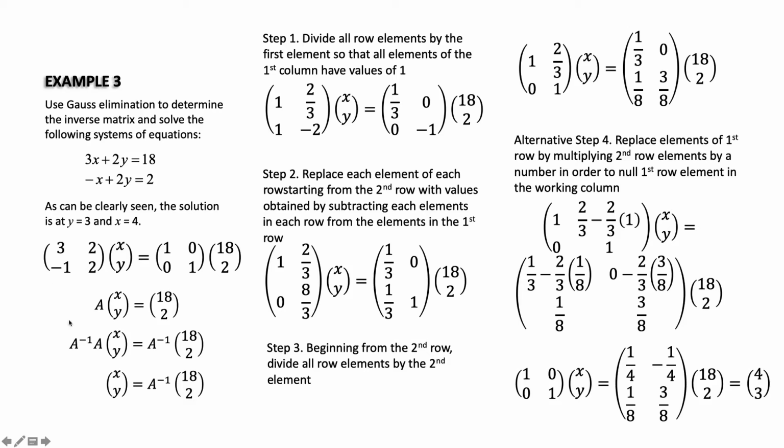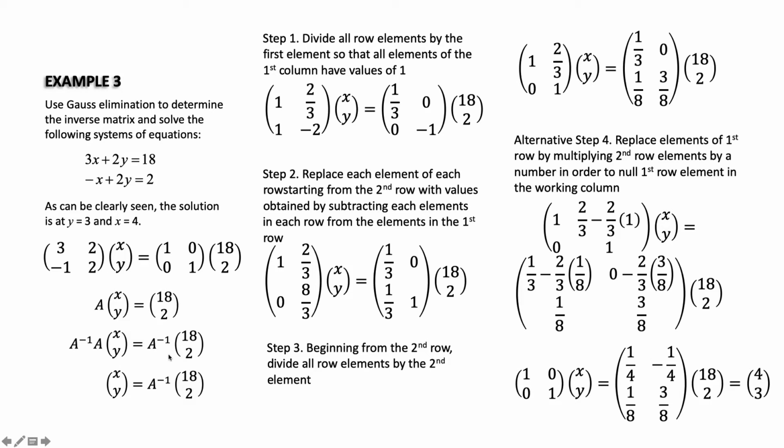Why is that so? If we look here, we represent this matrix as A multiplied by this column matrix and equal to this column matrix. If I multiply everything in this equation by the inverse, I multiply this by inverse A and I multiply this by inverse A, this becomes an identity matrix.